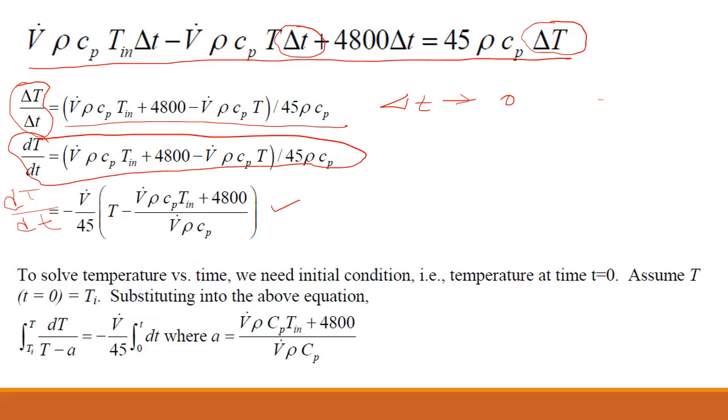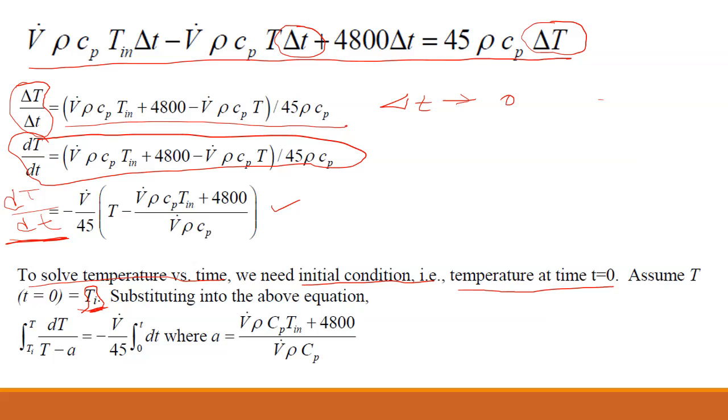To solve this one, we need an initial condition, because you see it's first order in time. So when you integrate, you'll get a constant of integration that we need to evaluate. So the temperature at time t equal to 0, we assume for now Ti. This really needs to be given. By assume, we mean let me call that temperature Ti.